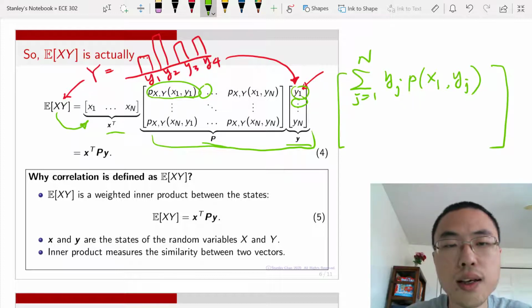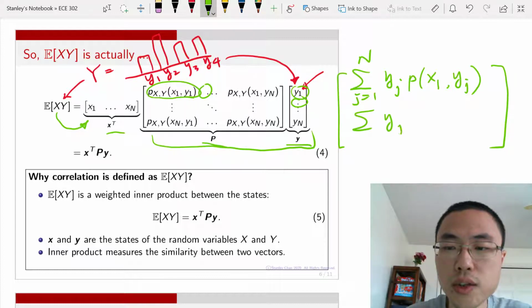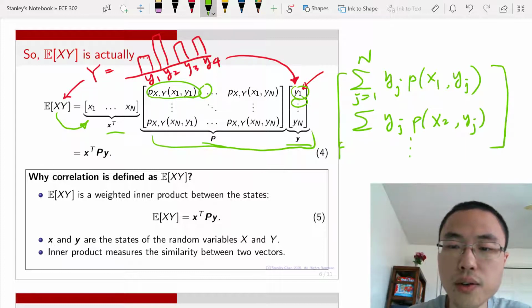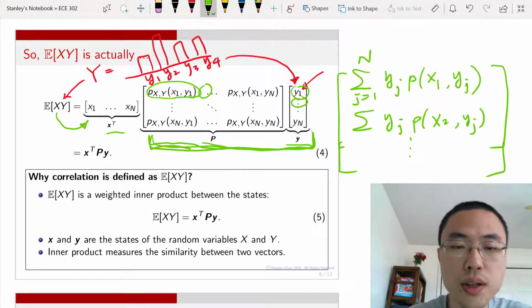That would be my first entry. The second entry would just be yj again, P, and then here will be x2 and yj. So you continue this calculation, that will give you a column vector by just calculating this product between P and y.